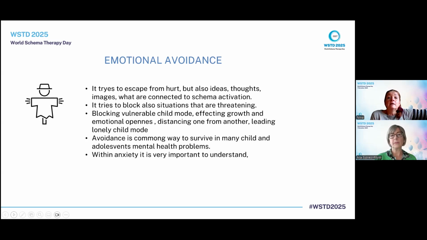It tries to block also situations that are threatening, like many situations in psychotherapy. Blocking the vulnerable child mode, affecting growth and emotional openness, distancing one from another, leading to the lonely child mode. Avoidance is a common way to survive in many child and adolescent mental health problems. And we think anxiety is very, very important to understand.